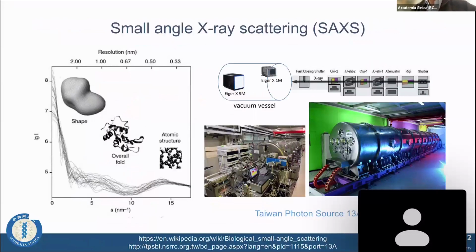The other tool we use quite a lot is small angle X-ray scattering. We are very fortunate to have a very good SAXS beamline here in Taiwan, and it is very versatile in terms of experimental conditions. We can use the scattering profile to define the shape and the fold, and in some special cases, we can even compare the atomic structures if we have a model available for that kind of comparison.